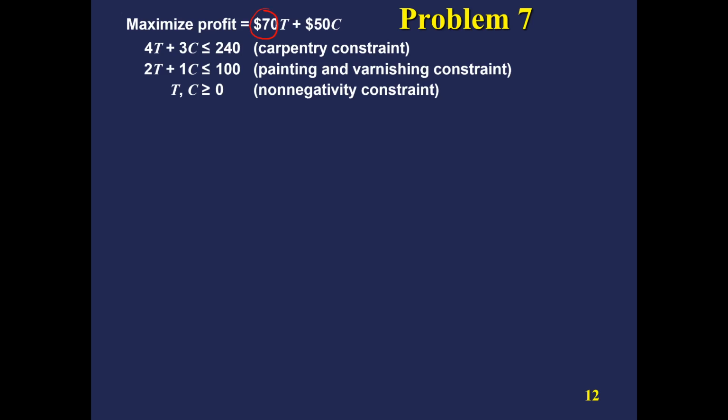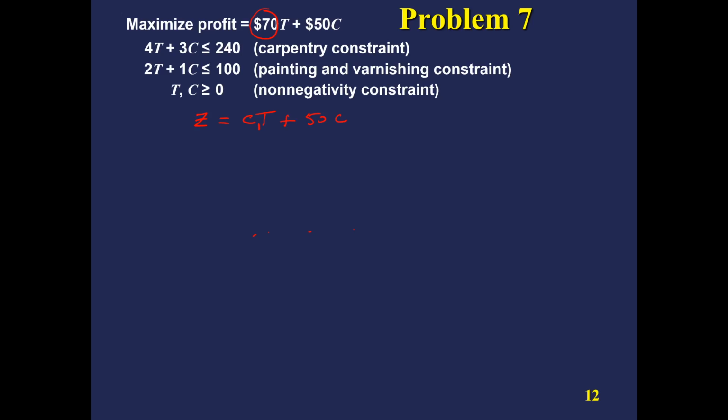So let's say Z is equal to, instead of putting 70 here, we put C1. C1 is the contribution margin of the table, C1 into T plus 50C.